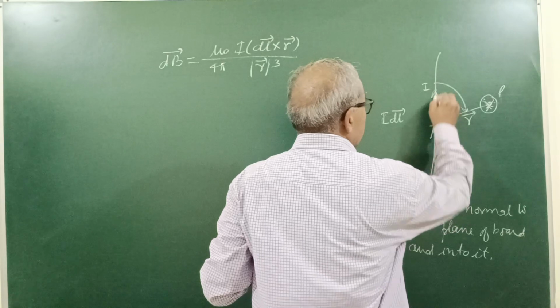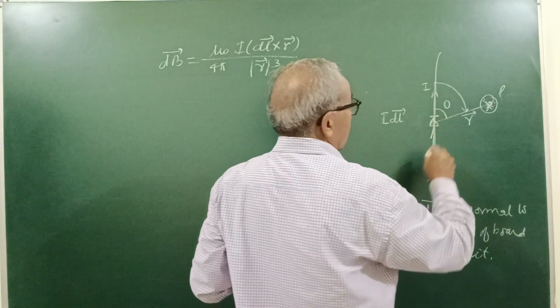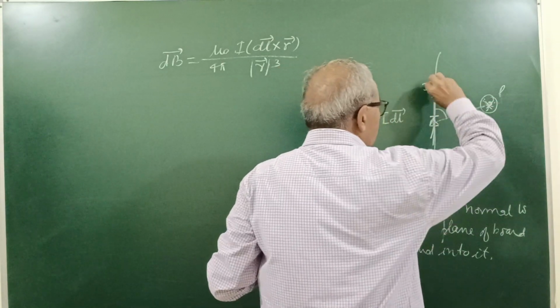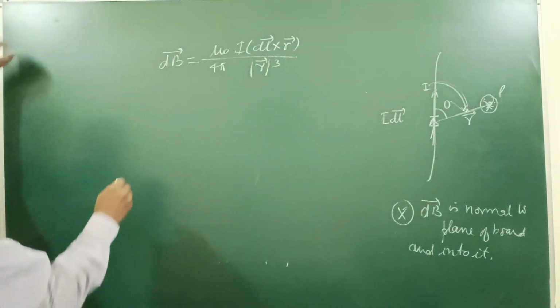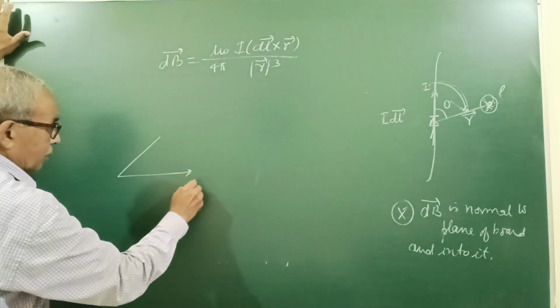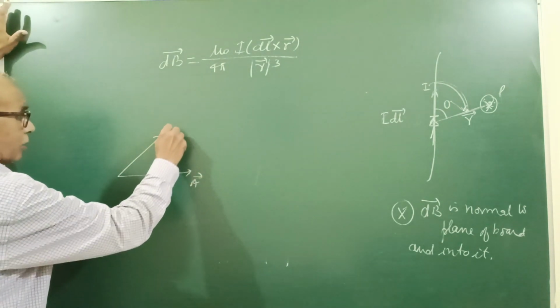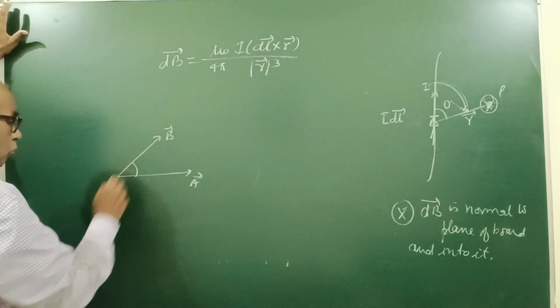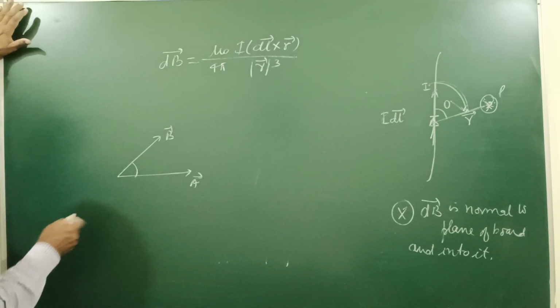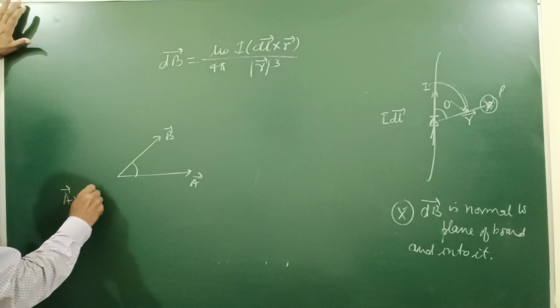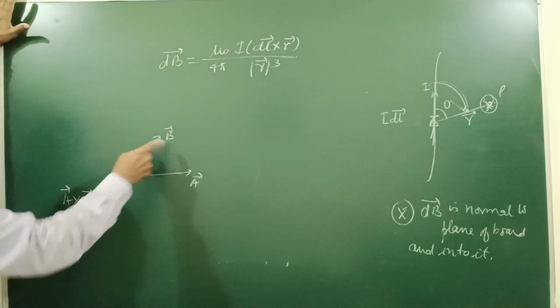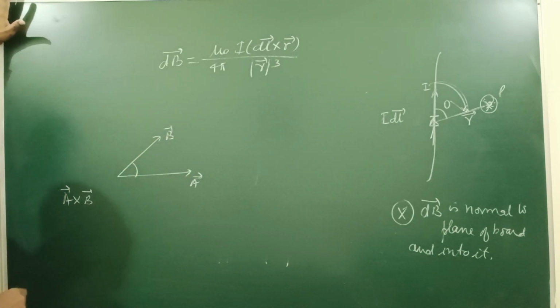dl has direction this way, along the current. r is this, so dl cross r. I told you A cross B. I am explaining again, this is vector A, this is vector B. A cross B will have a direction normal to the plane containing vectors A and B, and that is the plane of the board.